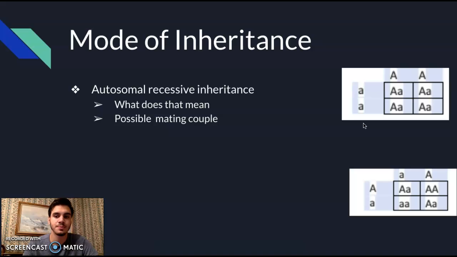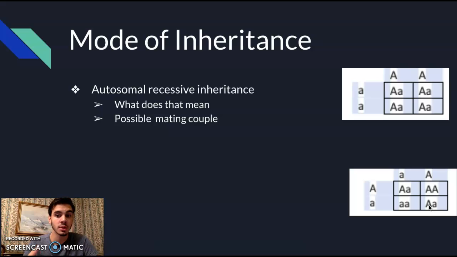Now, in another scenario, we have a heterozygous father, so he has a dominant gene and a recessive gene, and a heterozygous mother, who also has a dominant gene and a recessive gene. If they were to have children together, 25% of them would be homozygous dominant, so they would have both dominant genes. 50% of them would be heterozygous for the gene, so they would have one dominant and one recessive, also known as a carrier.